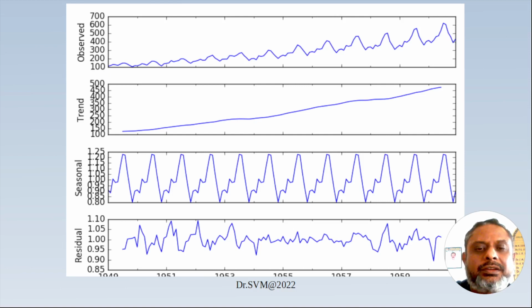And if you extract that oscillatory behavior out, which is the seasonality, then what remains is the residual. If you look at this residual, you don't find any pattern in the last one. There is no trend here and no seasonality here. So the residual here is a stationary time series.